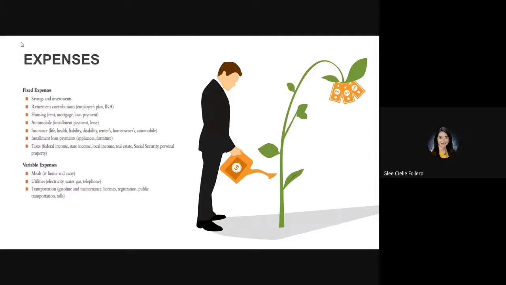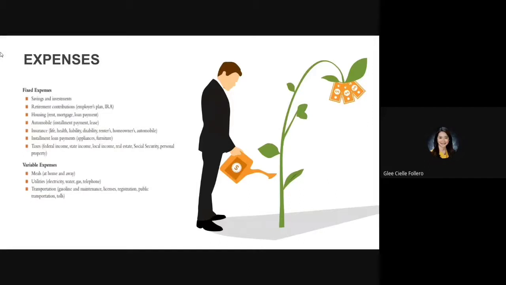Then, sa mga variable expenses naman, ito yung mga expenses that you have control. So, you can adjust. Say, for example, itong meal, last month, 5,000 yung budget mo. Pero this month, medyo tinapos ka, so ginawa mo na lang na 4,000. Another example, utilities. Ito yung mga electricity, water, or gas bills natin.